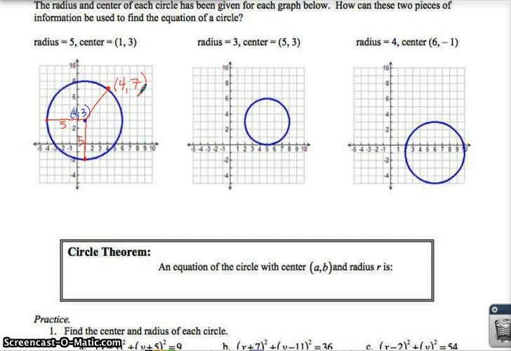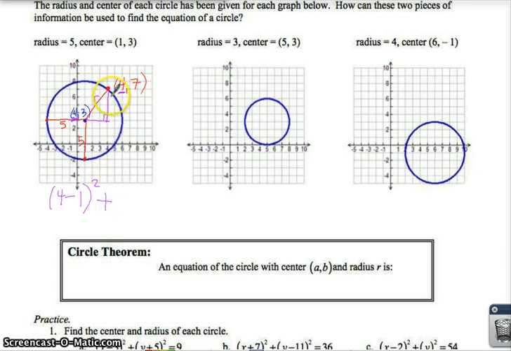So again, I told you this was going to relate to the Pythagorean theorem. If we wanted to check this distance right here, we could create a right triangle and then just check using the Pythagorean theorem. What would you do? Well, because we have a grid, we can just count 1, 2, 3 units, but mathematically, we can take this 4 and subtract the x-coordinate of 1 from it and square it.